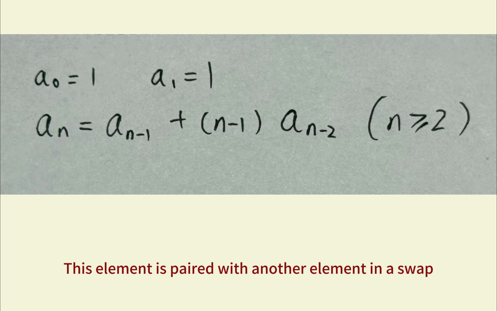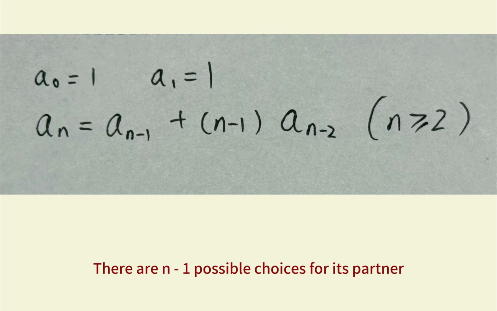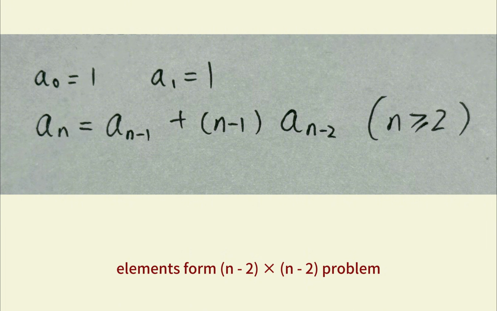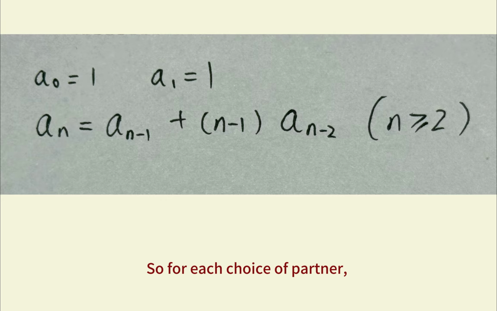Second, this element is paired with another element in a swap. There are n-1 possible choices for its partner. Once this pair is fixed, the remaining n-2 elements form an (n-2) by (n-2) problem. So for each choice of partner, we obtain A(n-2) possibilities.